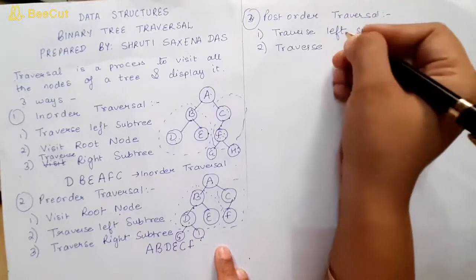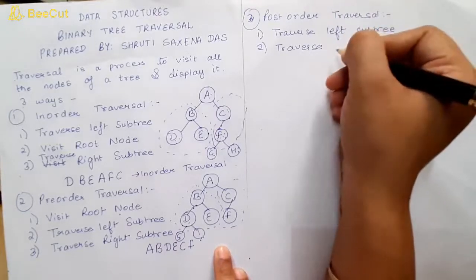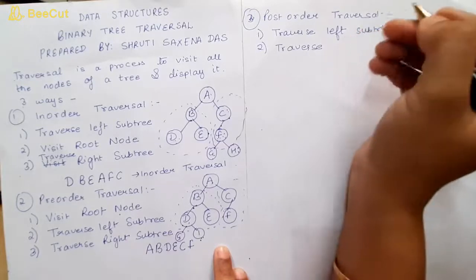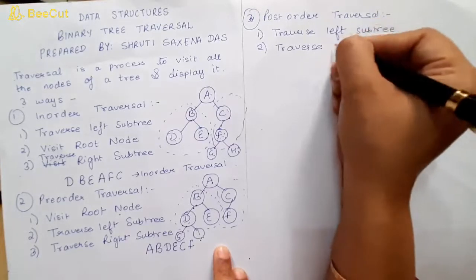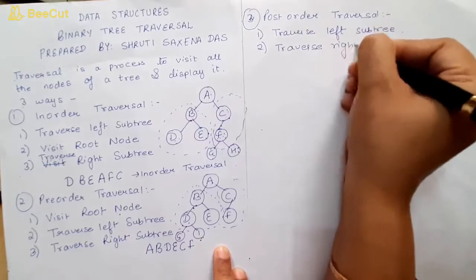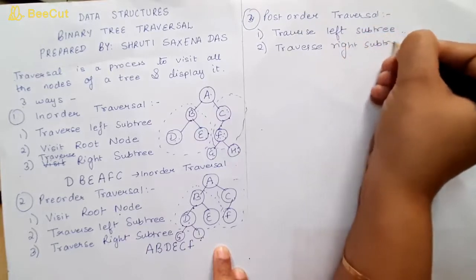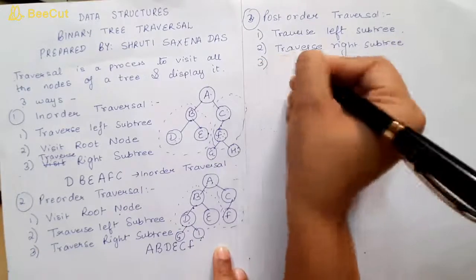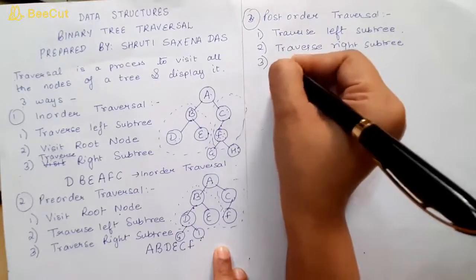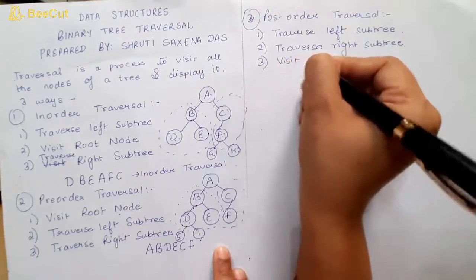You have to check if any further child nodes are there, then you have to apply the same post order traversal on that also. Then the right subtree, and then visit root node.